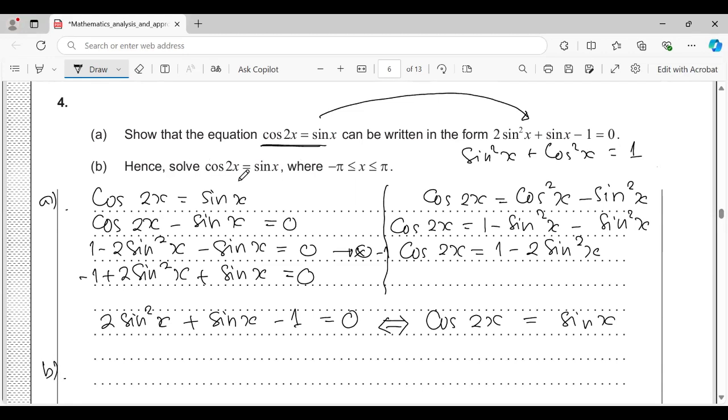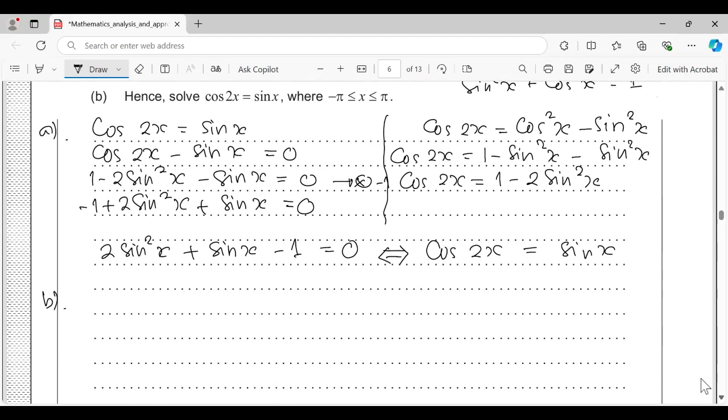Hence, solve cosine 2x equals sine x, where x is between minus pi and pi, right? Between minus 180 and 180.